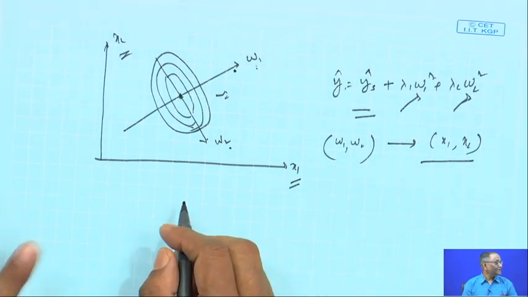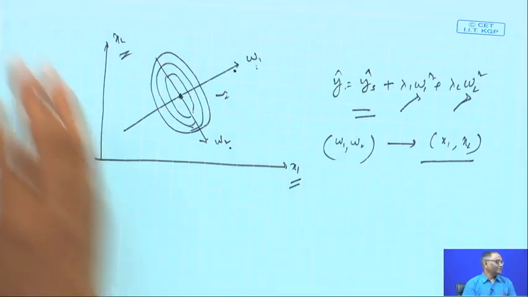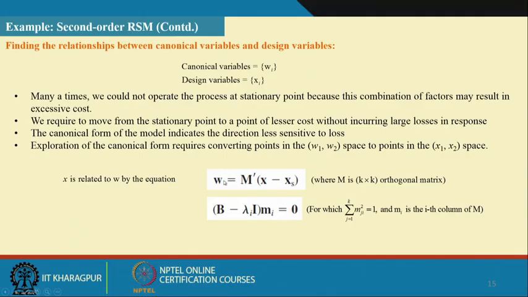There is a concept called this: W is related with x with this equation, W equal to M transpose (x minus xs), where M is basically an orthogonal matrix and it is k cross k dimensions because we have k number of factors. Then this ultimately leads to B minus lambda I equal to 0.